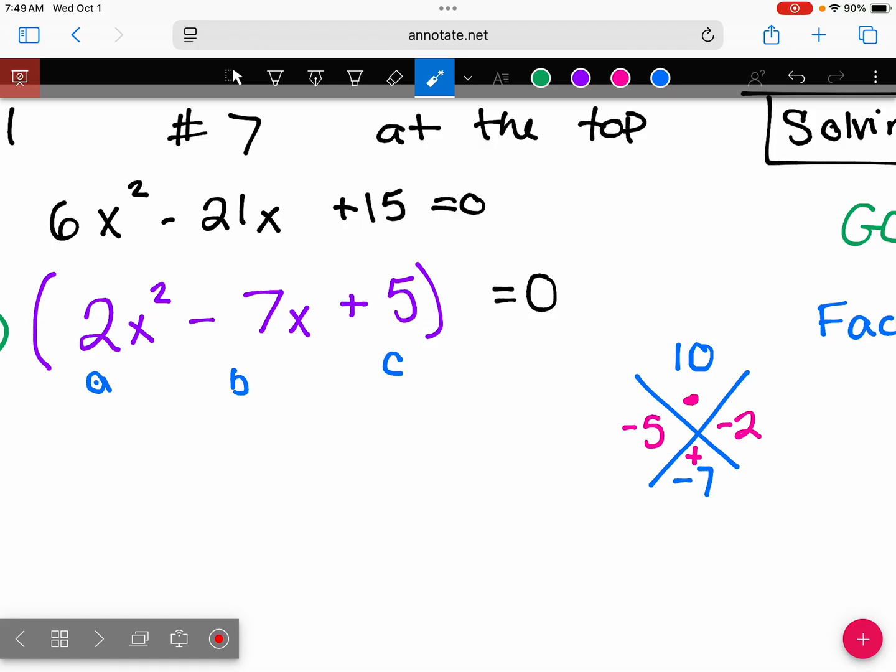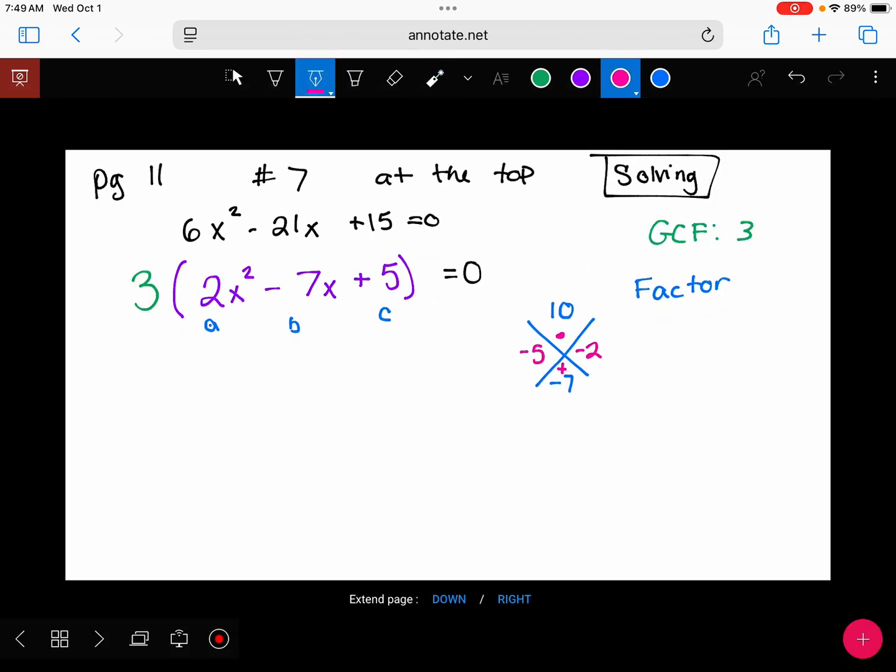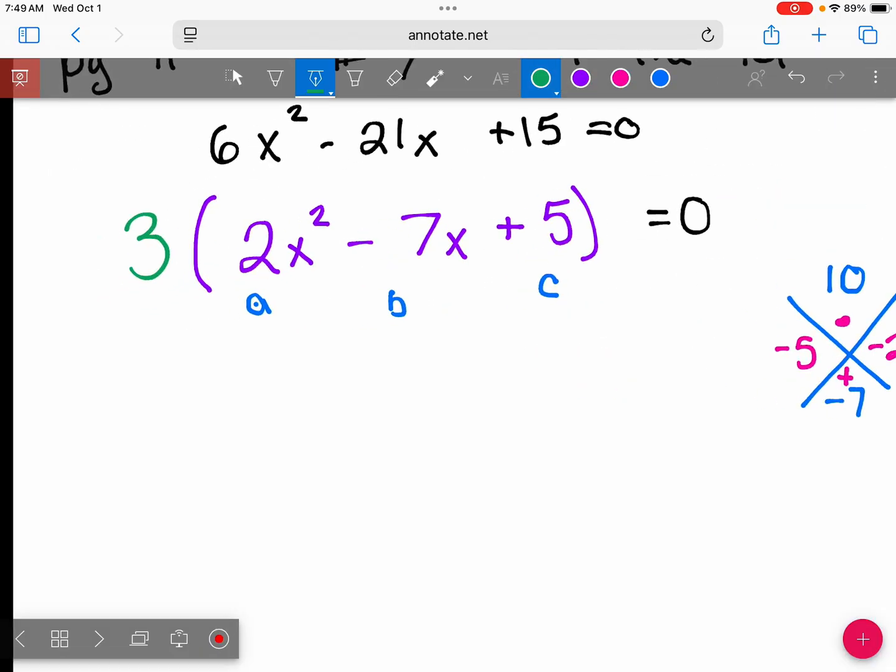How do you guys want to factor this? Grouping, box, bottoms up? What you got? I can do any of them. Well, what do you like? Yeah, let's do the bottoms up one. So our 3 is just going to sit out in the front. When we're setting up bottoms up, we set it up just like we did the shortcut when we don't have an a value.